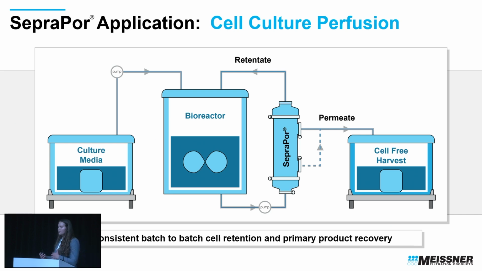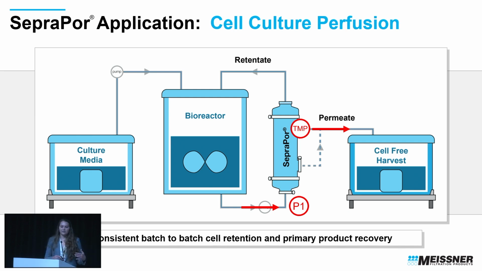At the same time as you are pulling permeate, you are also adding fresh culture media to maintain the same vessel volume and to give your cells fresh nutrients for growth and viability. One of the main ways to characterize membrane performance during a perfusion run is by recording the feed and transmembrane pressures.